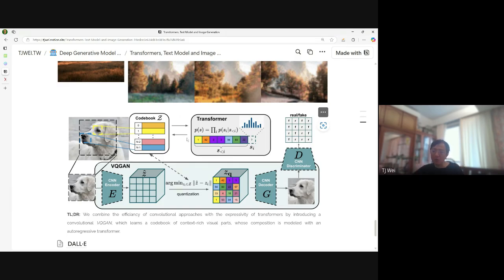Then we use a transformer to generate the following tokens of the pixels, and then use a decoder, like a VQ-VAE decoder, to decode things back to the image. Okay, so that is what the VQGAN is.